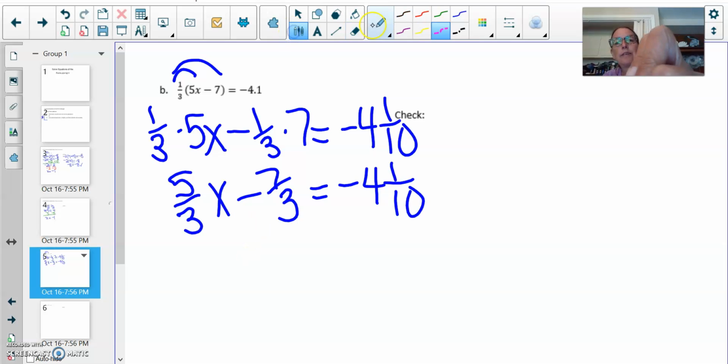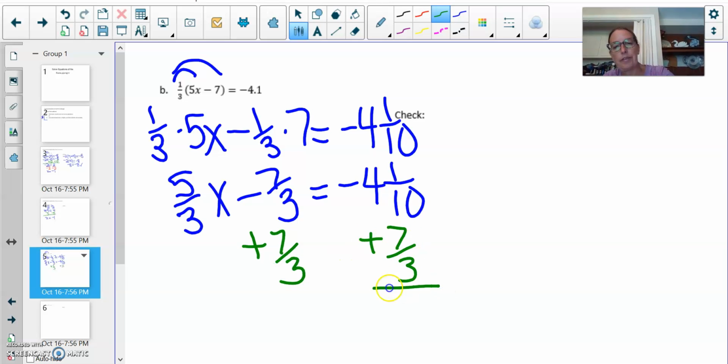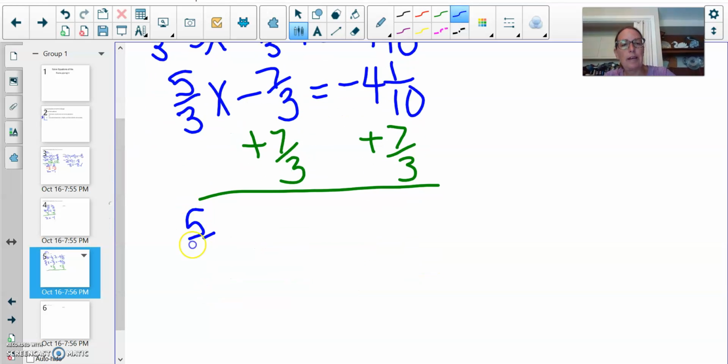So I'm going to add 7/3. So my equation becomes 5/3 x equals, use my calculator, -1 23/30.